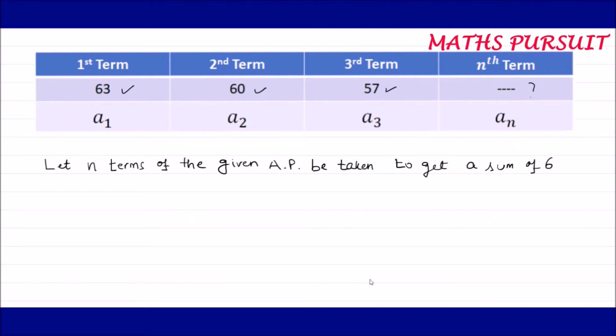So guys, we just assumed let n terms of the given AP be taken to get a sum of 693.